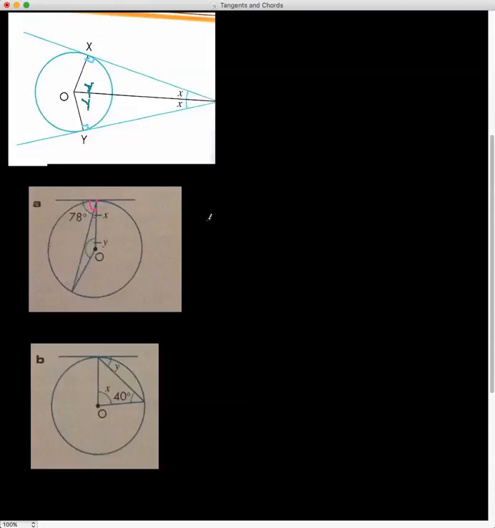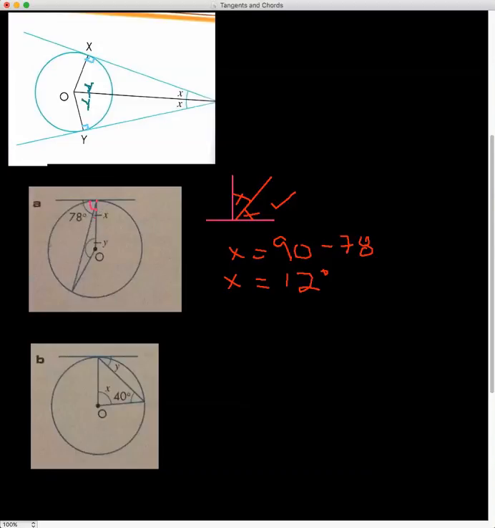So we use one of our tricks, and that is if you have a 90-degree angle and it's split in two, the sum of these two angles in here and in here have to equal 90. So I can just go to find x equals 90 minus 78. So this is one of our tricks we have to use in order to do this. And 90 minus 78, you should get 12 degrees. So x is 12 degrees.